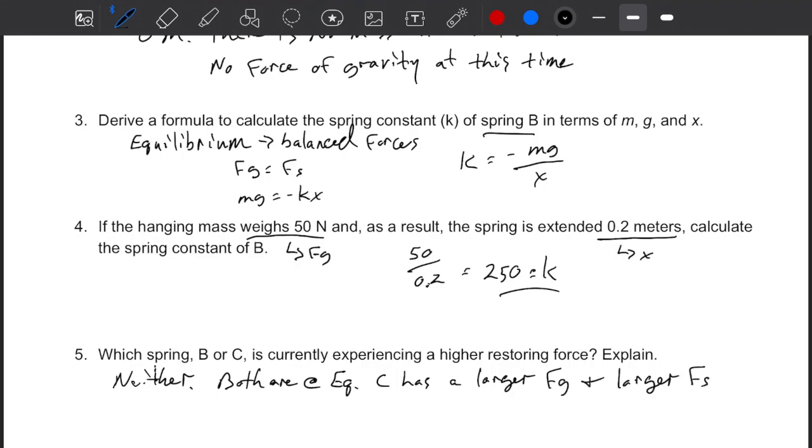The restoring force is the net force. In this case, on a vertical spring, the restoring force is the net force between gravity and the force of the spring. In B and C, they're both at equilibrium. If they are both at equilibrium, neither one of them has a greater restoring force than the other.